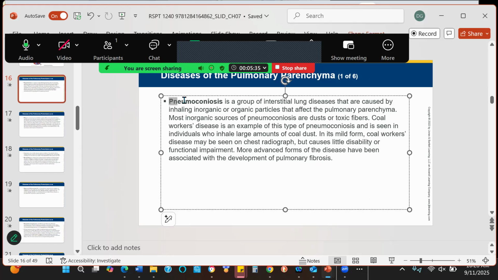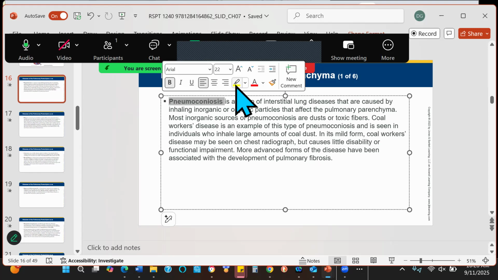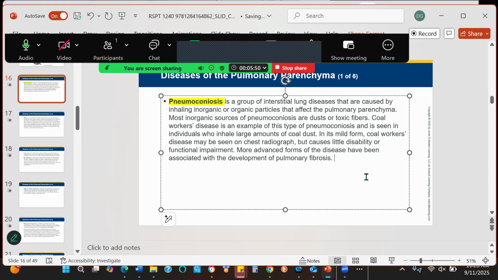Pneumoconiosis is really any kind of inhaled disease. Coal dust, coal workers' black lung is a famous example of this, but any kind of dust that's inhaled into the lungs and produces damage is a pneumoconiosis. Coal dust, black lung disease would be a good example.